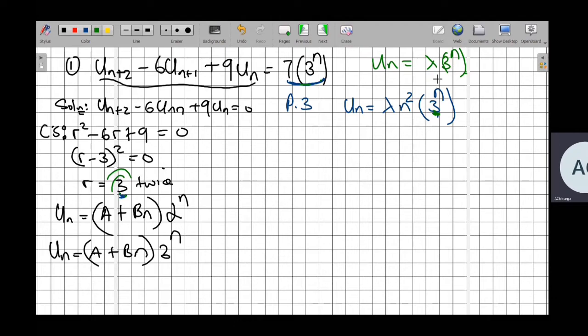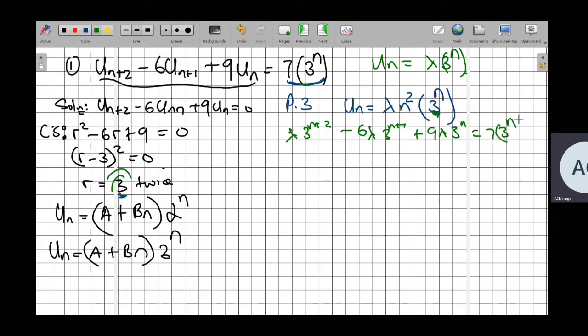We see that what's going to happen here? We're going to have lambda 3^(n+2) minus 6 lambda 3^(n+1) plus 9 lambda 3^n, isn't it? Is equal to what? 7 times 3^n.